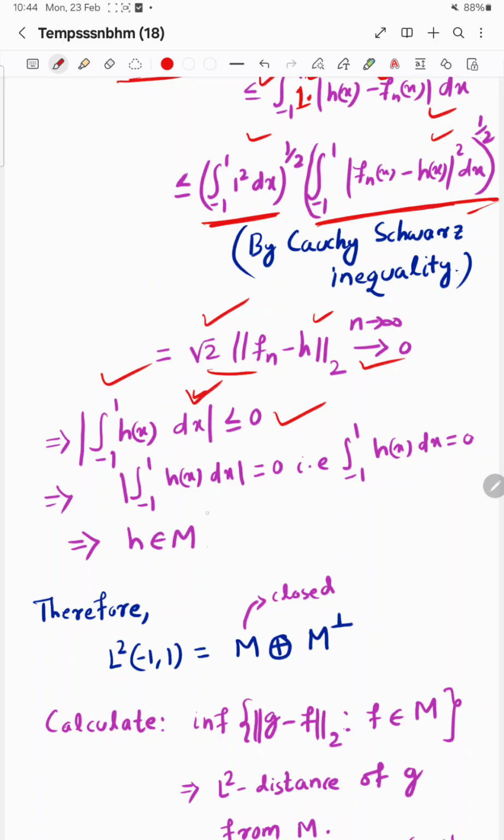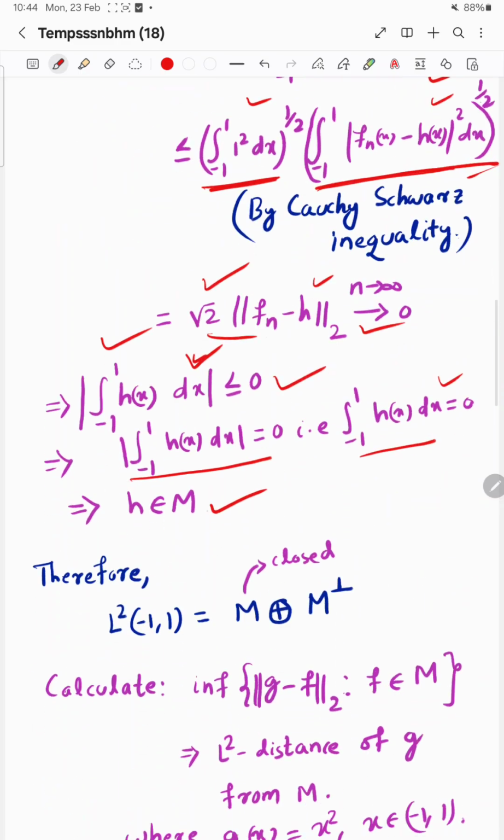It is less than or equal to 0, so this implies that it is equal to 0. Since this modulus value is equal to 0, this quantity itself is 0. So we establish that the integration from -1 to 1 of h(x) dx is equal to 0. This implies h belongs to the set M. Therefore our set M is closed.